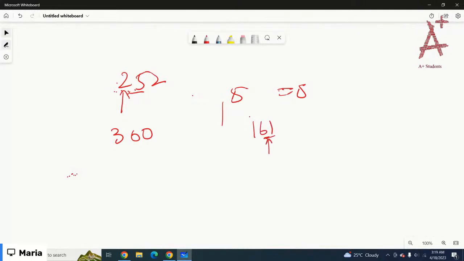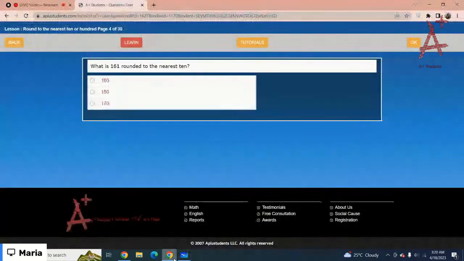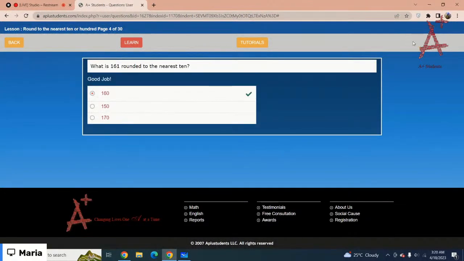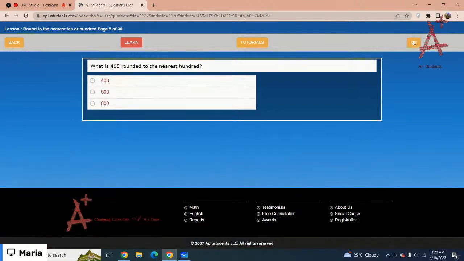Got it? Just look at the right, you have 1. 1 is less than 5. That means you have to round on the same 10. So it would be rounded off to 160. Got it? It would be rounded to 160, not 170.